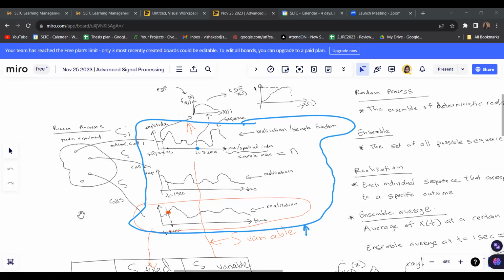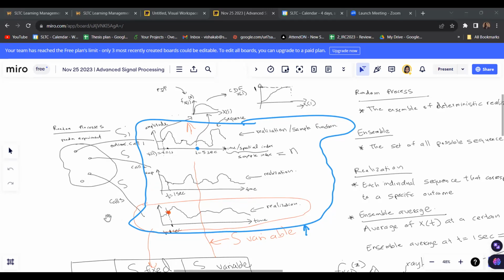So if we take call 1, we can observe its signal power against the time, and we can plot the amplitude variation. Similarly for call number 2, we can do the same thing.